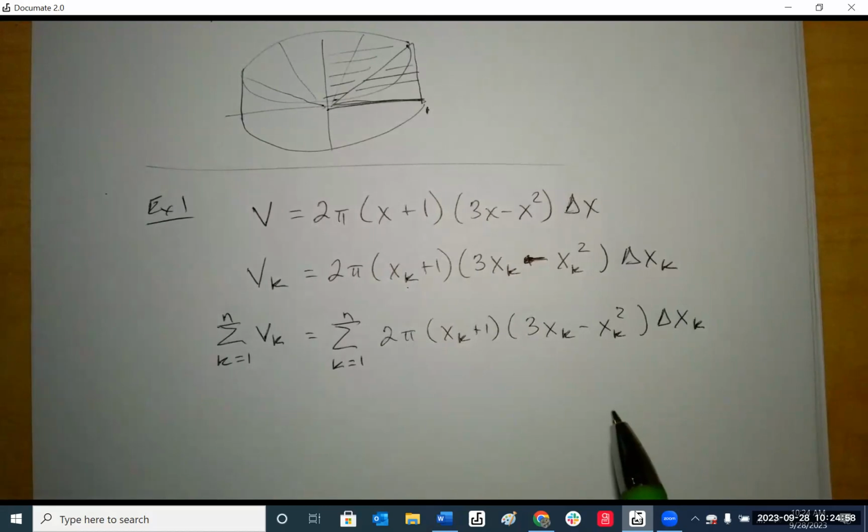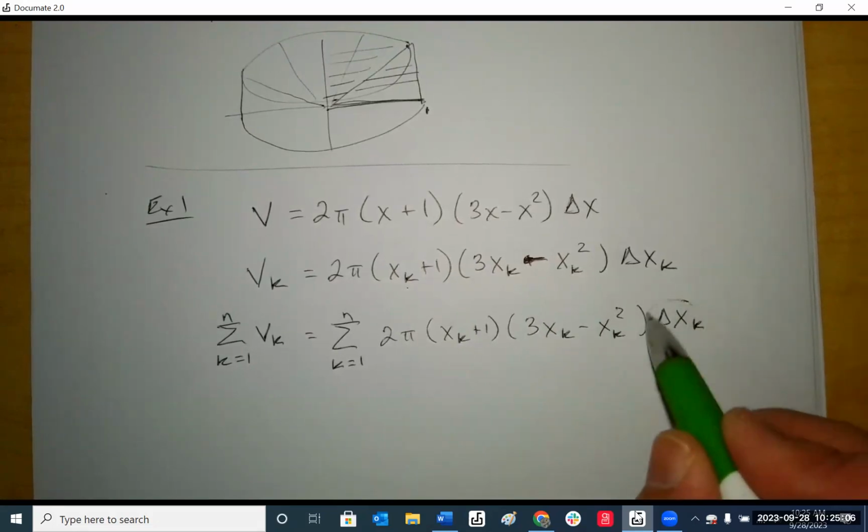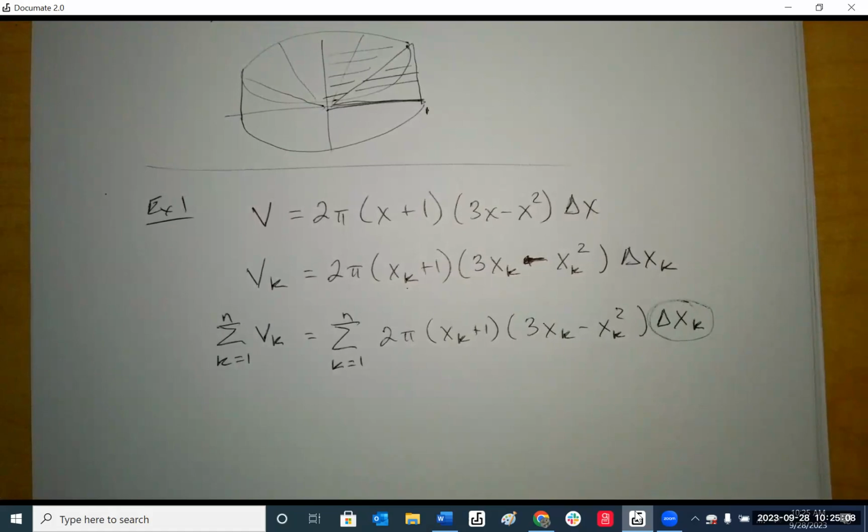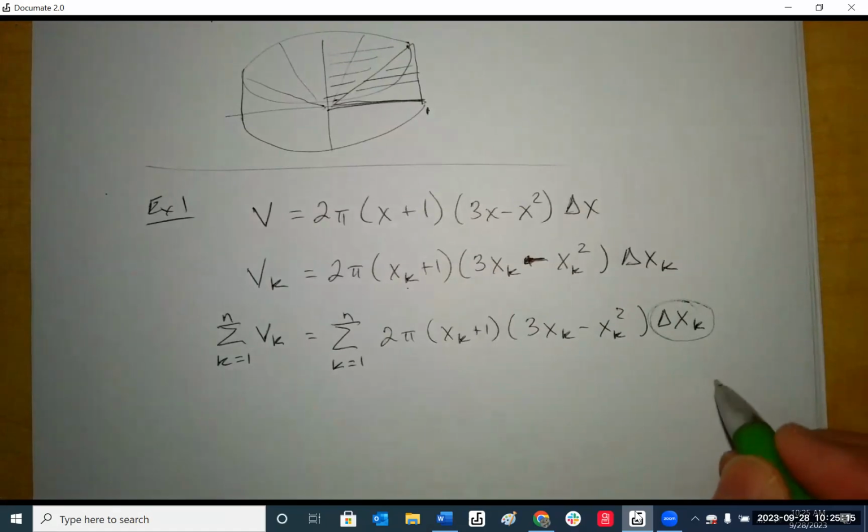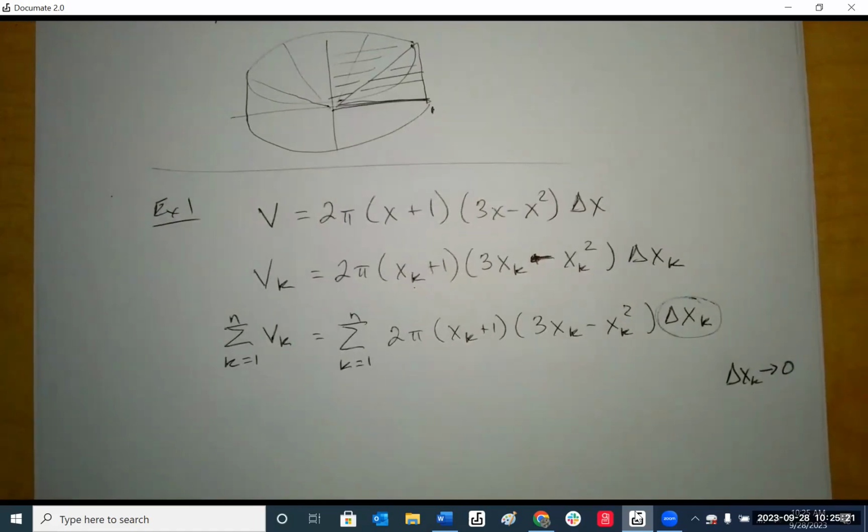Now, the thicker the slices, the less accurate our volume becomes. So what do we have to do with delta x? Delta x has to go to 0. Because remember, delta x is each slice size.